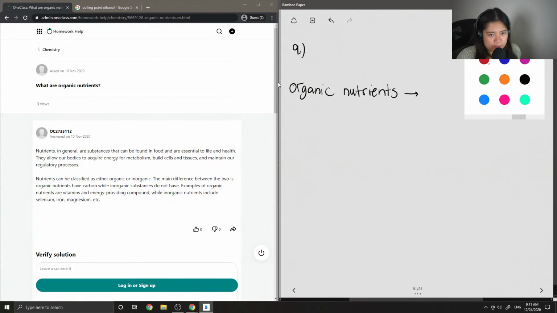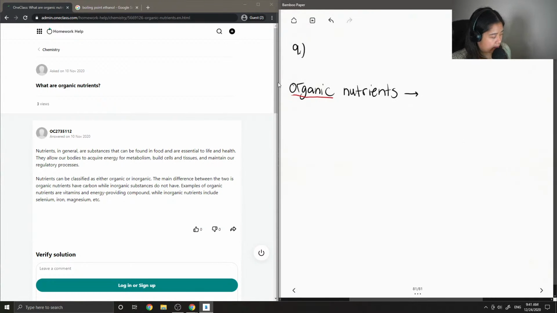Okay, so if we try to dissect the word, organic nutrients, when something is organic, this means that it will contain carbon, so I'll just underline the two.